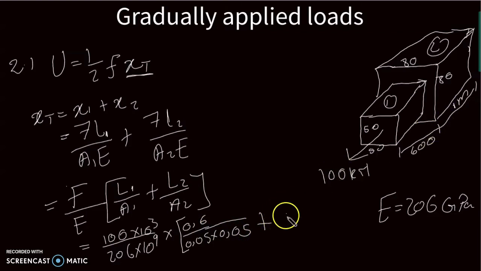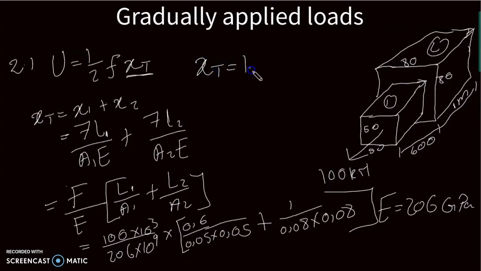Our length is 1 divided by the area, which is 0.08 times 0.08, and then we close the bracket. Working that on the calculator, our total change in length is equal to 1.924 times 10 to the power negative 4. This is the change in length, and it's in meters.